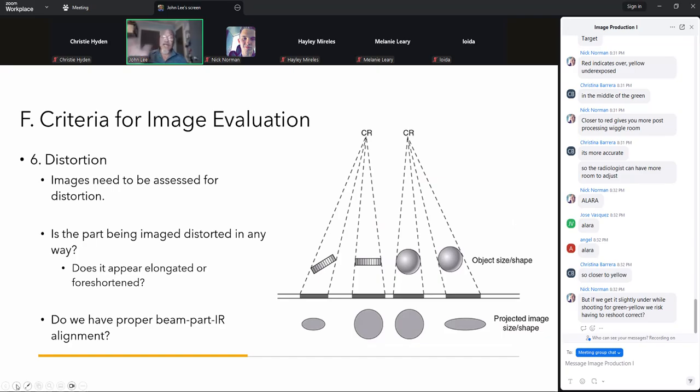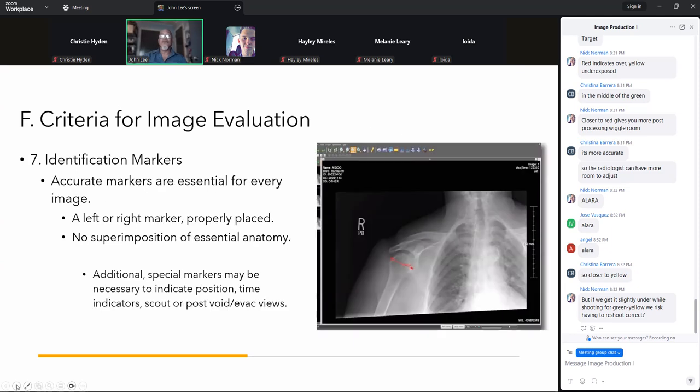We're always going to have some level of distortion, be it size or shape, but we can always minimize it based on our two-part film alignment and proper SIDs and minimal OIDs. Markers, make sure they're on there. If you've got scouts, post void, the special markers for special views, make sure those are on there as well.